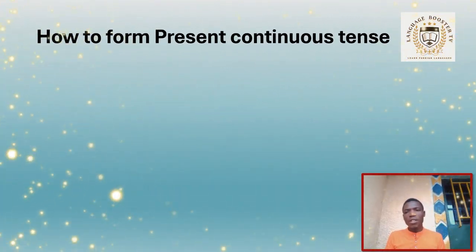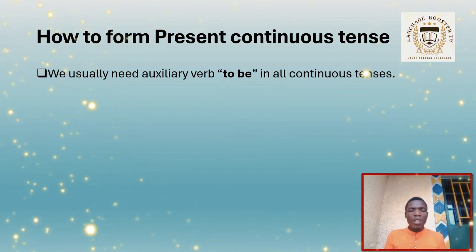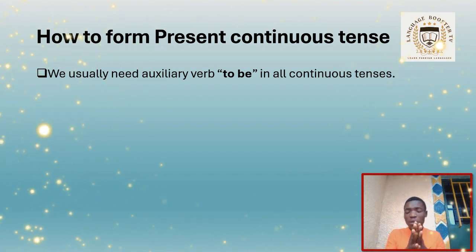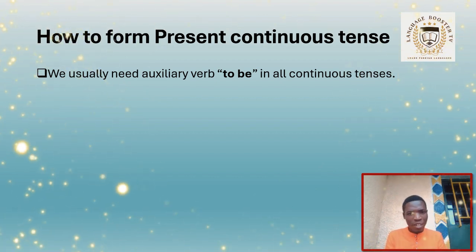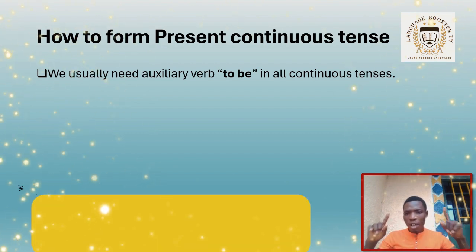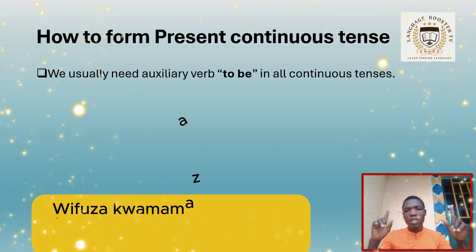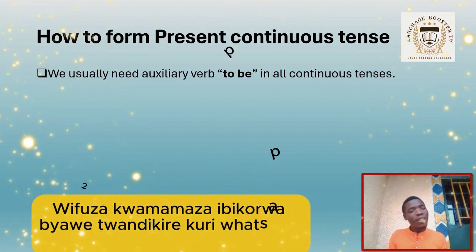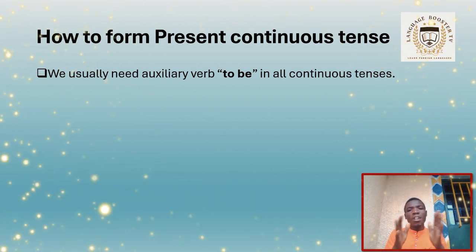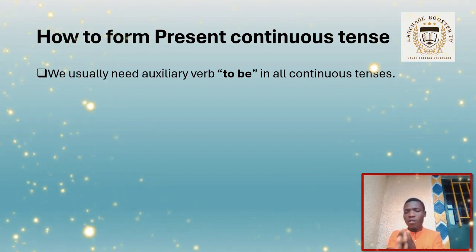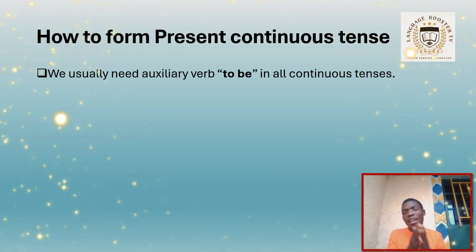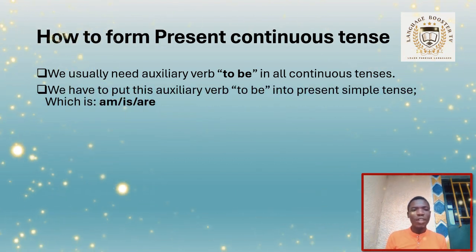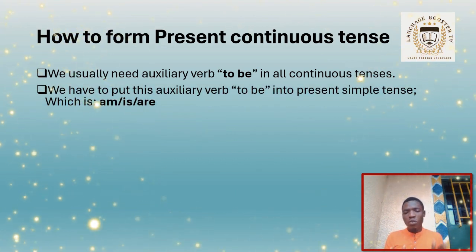Great. How to form present continuous tense? We usually need the auxiliary to be in all continuous tenses. When we say continuous tense or progressive tenses, think about the verb to be. We need the verb to be in all continuous tenses, including present continuous tense, past continuous tense, present perfect continuous tense. In all those tenses containing continuous, we need the auxiliary to be.